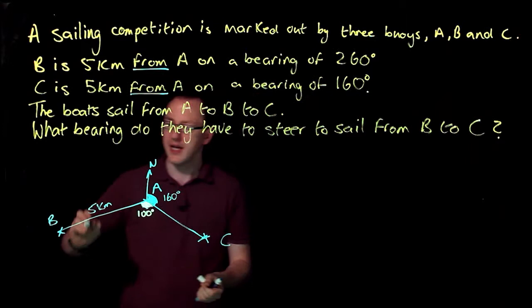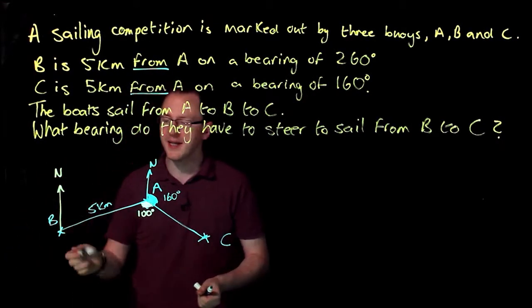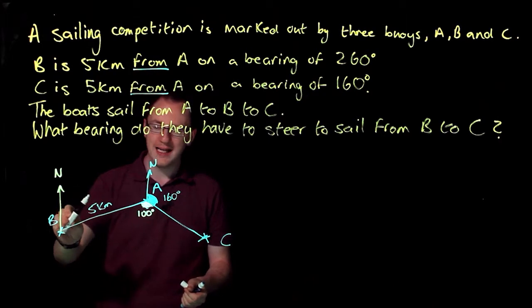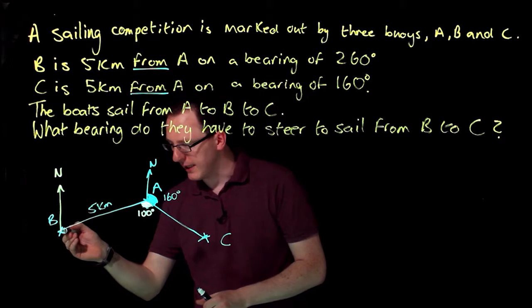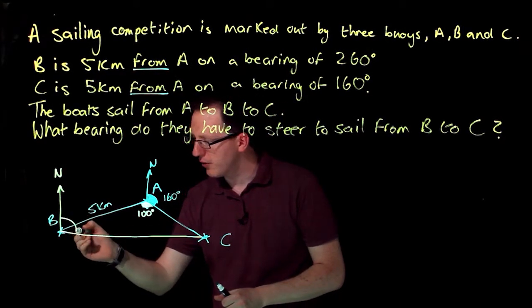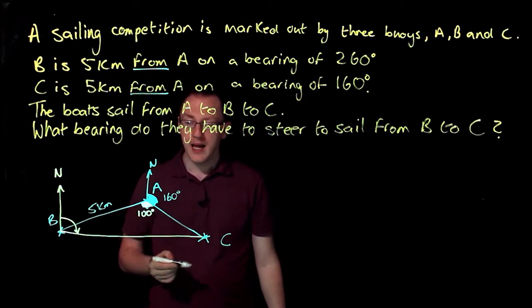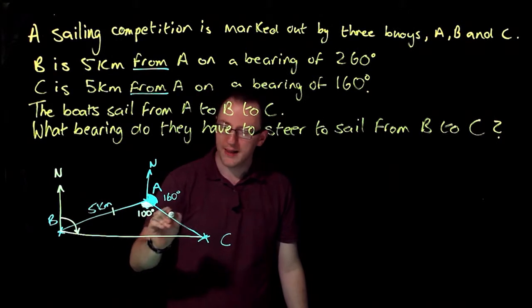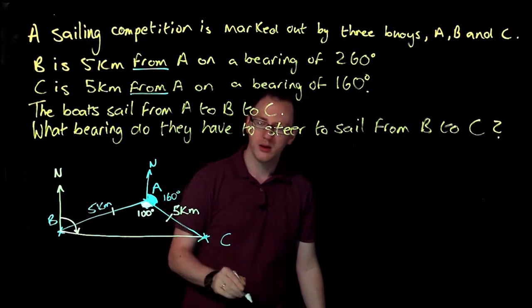And I'm being asked to find the bearing of C from B. So that means I'm standing north at B. What angle do I turn through to find C? So let's connect B to C, and this is the angle I'm looking for. So I have a triangle that has 2 equal sides, because this was 5 kilometers as well.